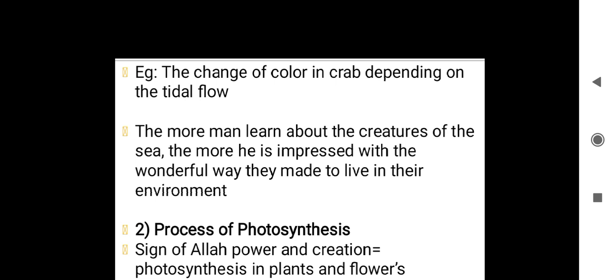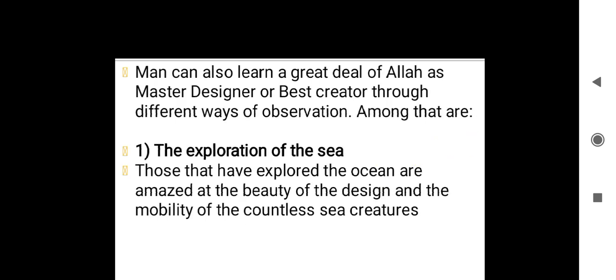So by observing this creation, by making an observation on the process of photosynthesis as well as the exploration of the sea, we will be able to see the power of the designer, the best creator, which refers to Allah subhanahu wa ta'ala.